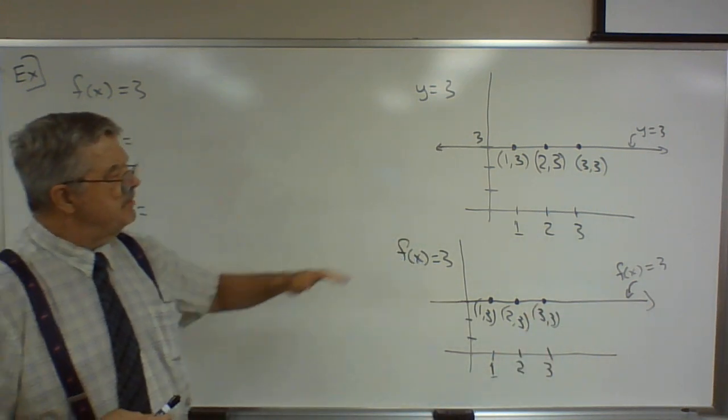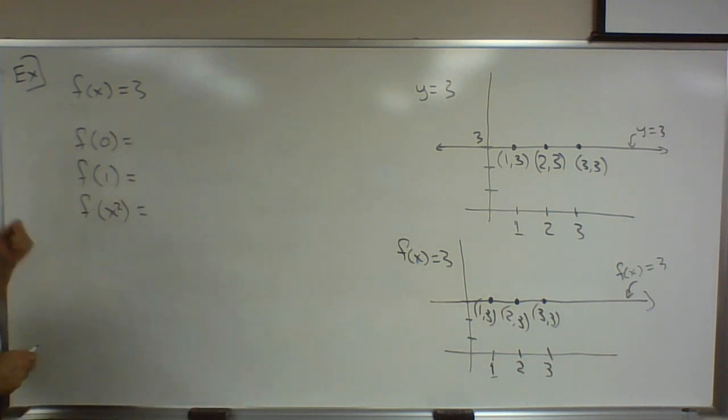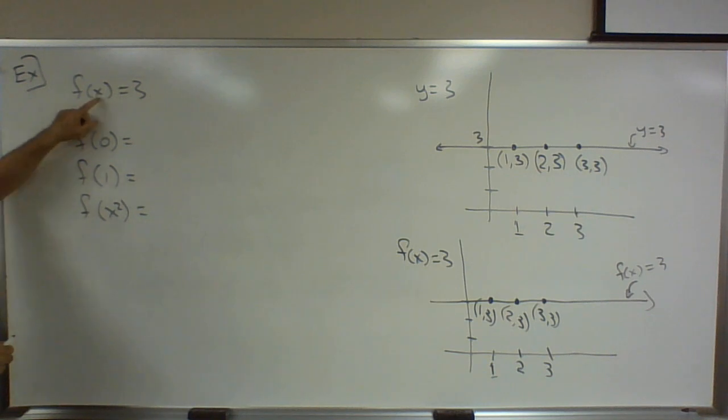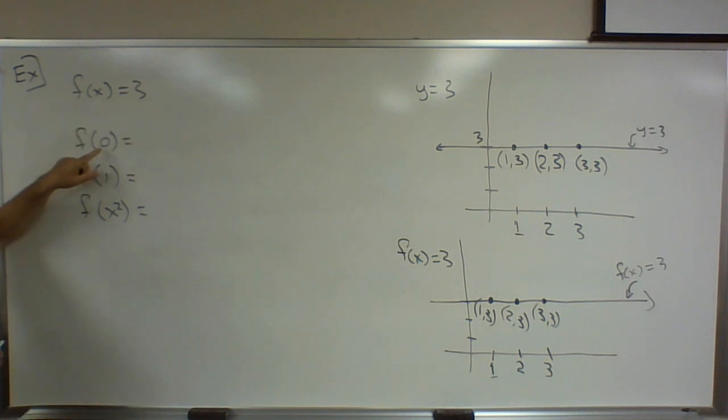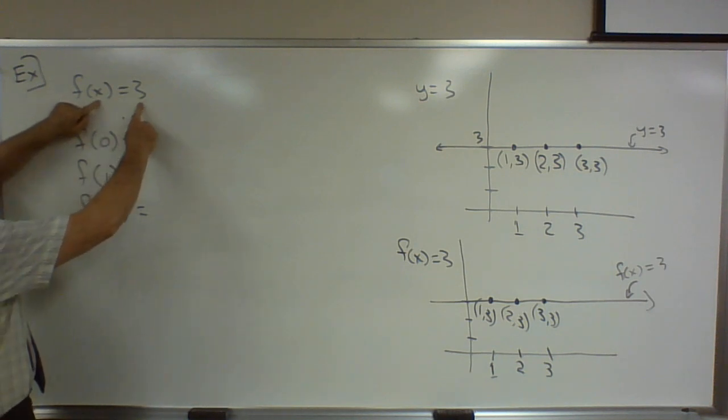So this ought to help us understand how we can compute these values. Here's our model or our definition of the function. F of x equals 3. Here we have f evaluated at 0. So 0 plays the role down here that x plays up here in our model of the function.